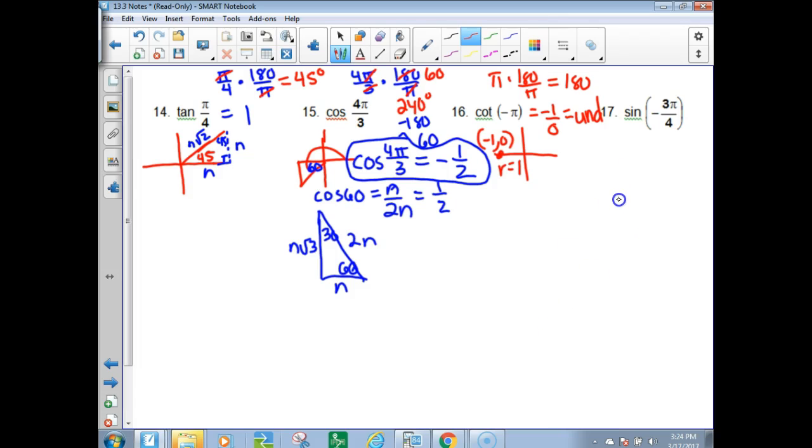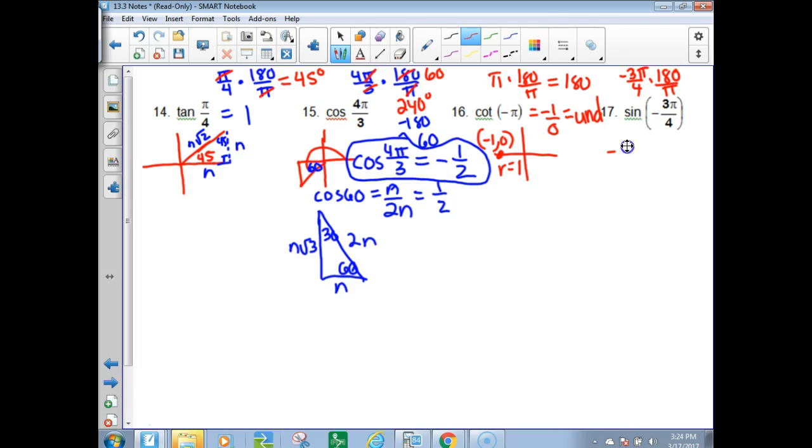Okay, and the last example for today, negative 3 pi over 4. Where would that be? So convert it back to a degree answer. That's a negative 45 times 3.